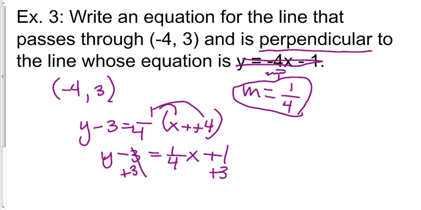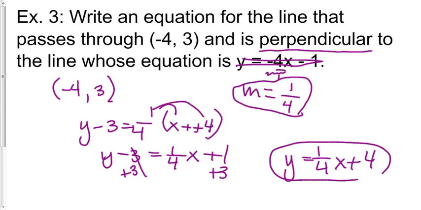And my equation is y equals 1/4 x plus 4. Okay, now again, these two lines have to be perpendicular. Look at their slopes, negative 4 and 1/4. They're opposite reciprocals. And because I used the point (negative 4,3), I know that this equation, when you graph it, has to pass through that ordered pair.